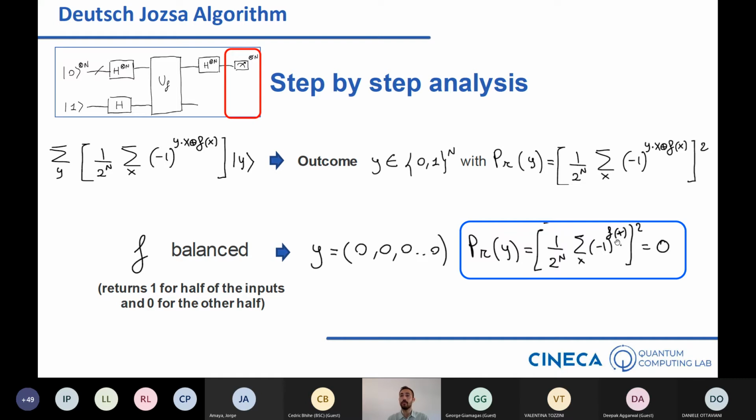Since the summation splits in two, we have 2 to the n terms. Half of them give a positive contribution, half of them give a negative contribution, which means that the summation becomes 0. And so the probability of measuring a bit string of all zeros is 0.